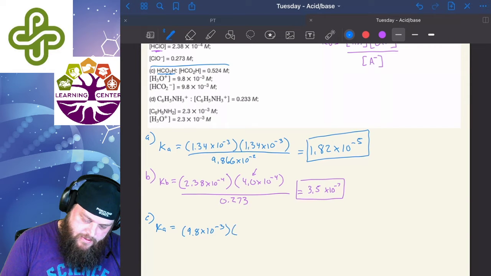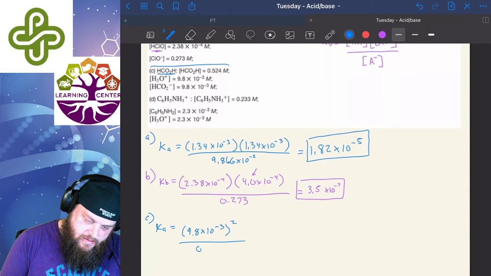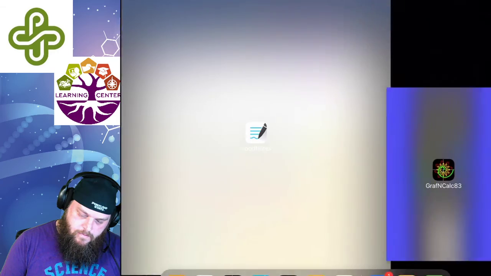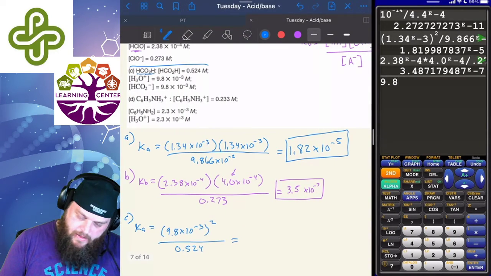The concentration of hydronium is the same. I'm going to go ahead and just put a little square there. And we're going to divide that by the concentration of the acid, which was, there it is, 0.524. So it's 9.8 times 10 to the negative 3.